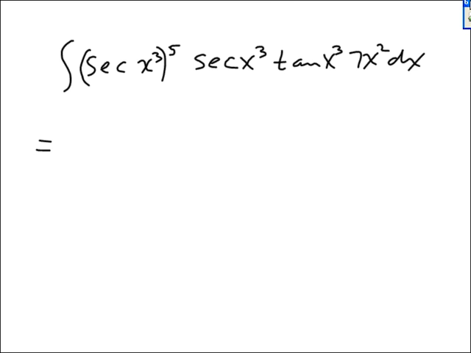Most probably you would see the 7 there, but in either case you should factor out the constant.